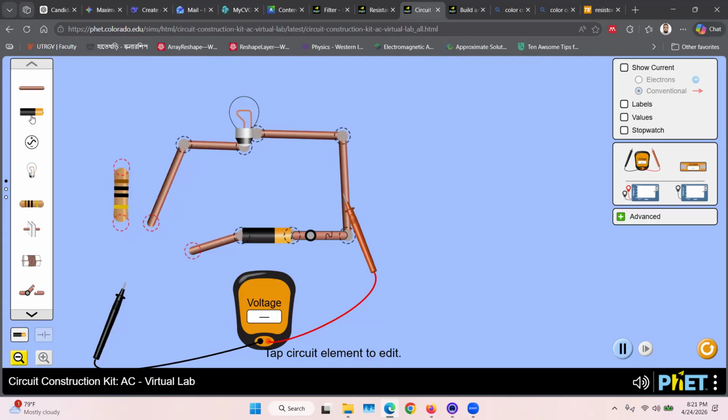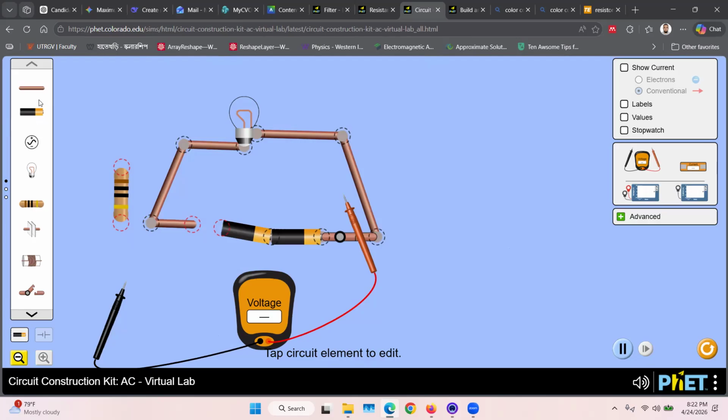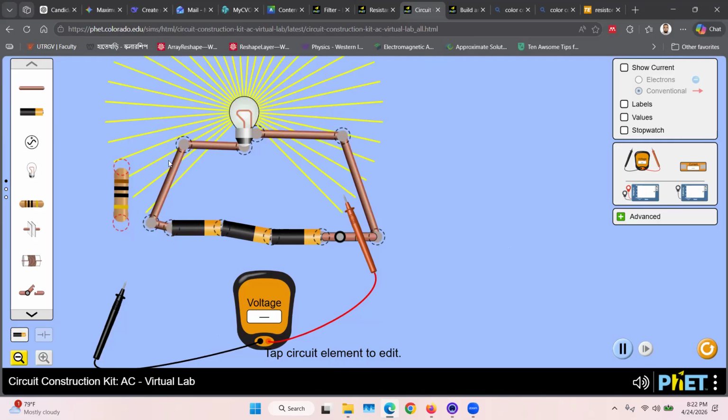Right now I'm adding another one. And if I add another one, see, the light will burn. That's why we put in the resistance, a varying resistance, to increase or decrease. That's how we control the fan speed in some fans, by using this varying resistance.